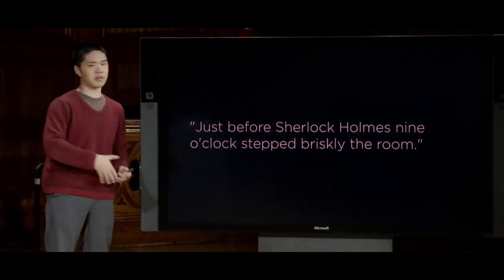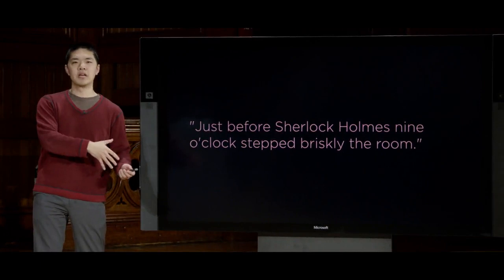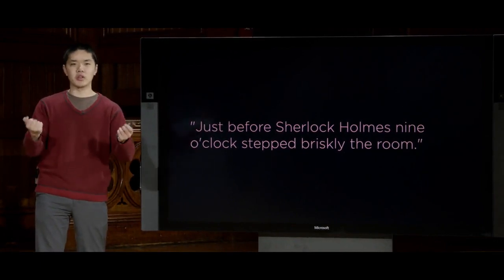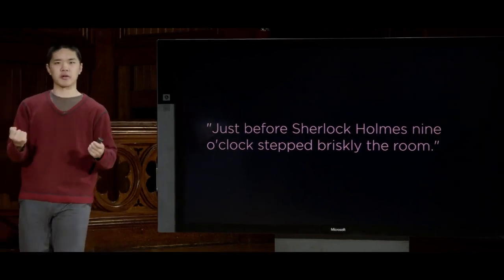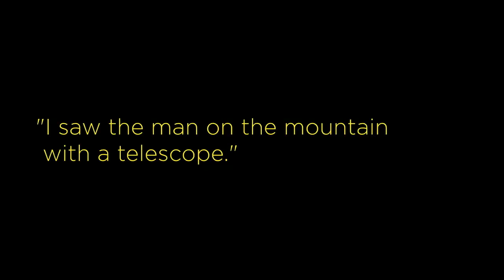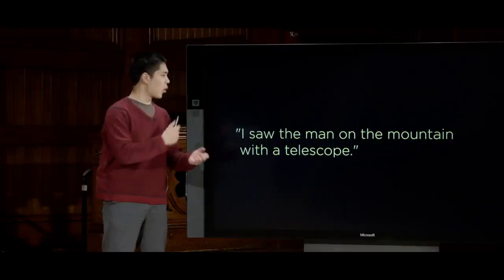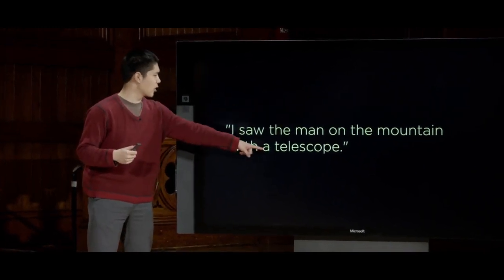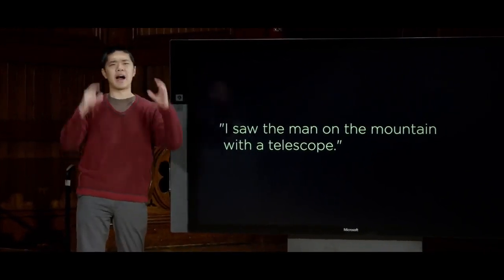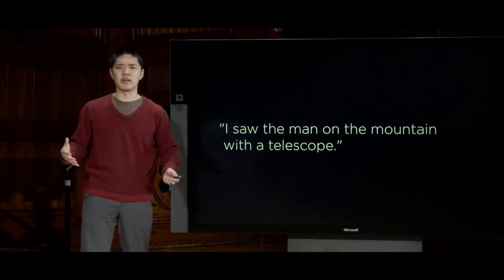There are some sentences that are well-formed and not well-formed, but there are certain ways that you could take a sentence and potentially construct multiple different structures for that sentence. A sentence like, I saw the man on the mountain with a telescope. Well, this is grammatically well-formed. Syntactically, it makes sense. But what is the structure of this sentence? Is it the man on the mountain who has the telescope? Or am I seeing the man on the mountain and I am using the telescope in order to see the man on the mountain?